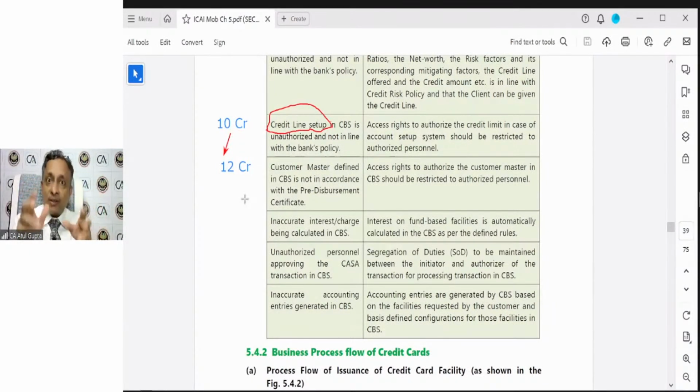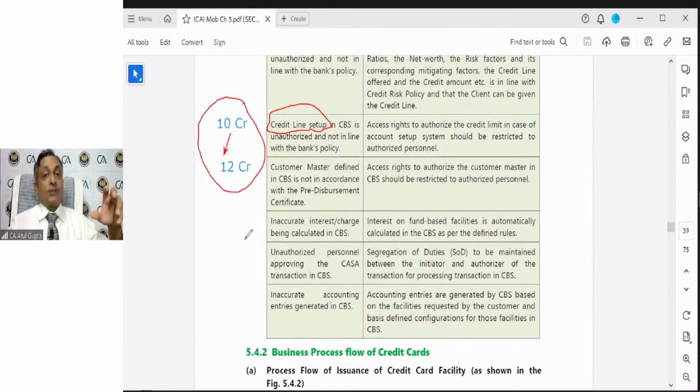Even if the person is authorized, please understand, this transaction of enhancing the credit limit is captured in the system. A separate report is generated at the day end, because it's a critical change. So credit line setup has this restriction.